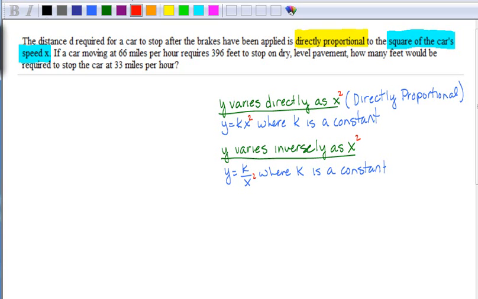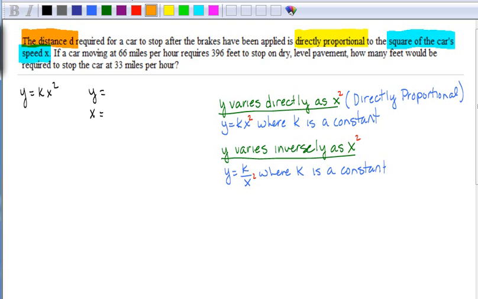So I'm going to go ahead and write down that formula. y is equal to kx squared. Now what is y? We have two variables, y and x. Well, y is usually the variable that is before the words "varies directly" or "directly proportional." And if you see here, the variable before is the distance d. The distance d required for a car to stop is directly proportional.